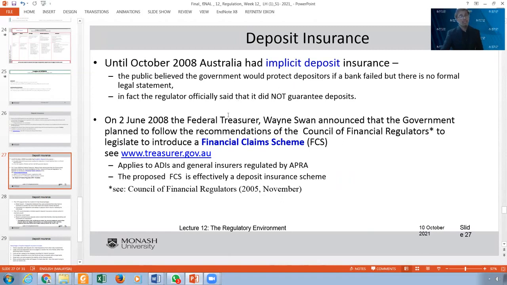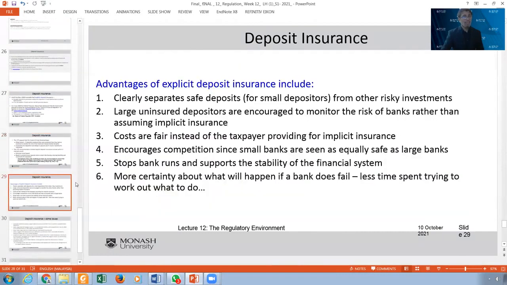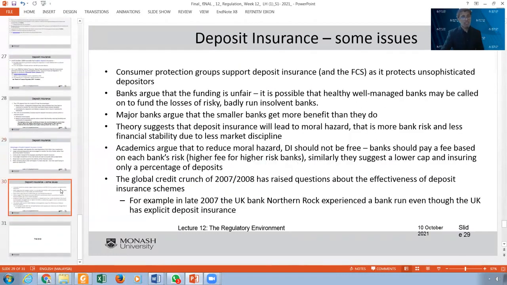In Australia, like Malaysia, they guarantee up to 250,000, and they keep updating all these things. If you are a business, I think 1 million as a minimum balance, and therefore they are guaranteeing the system. You can read more about deposit insurance, which we have talked about.